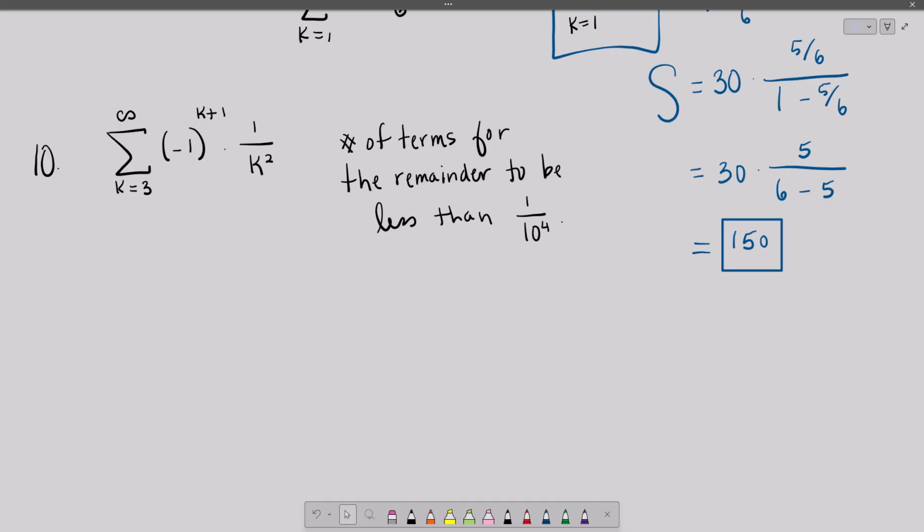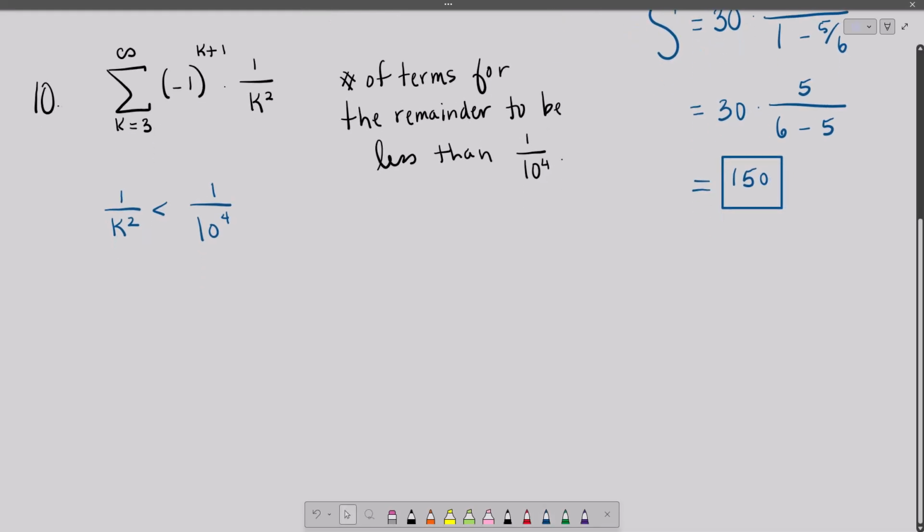So this first step, in my mind, is that I want to know the k that corresponds to the term that's less than the prescribed error. So we want to know, when is this less than 1 over 10 to the 4th? What's that k value? And it's strictly less than, not less than or equal to.